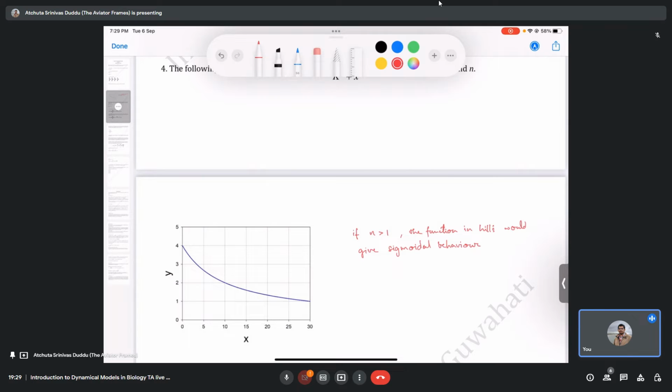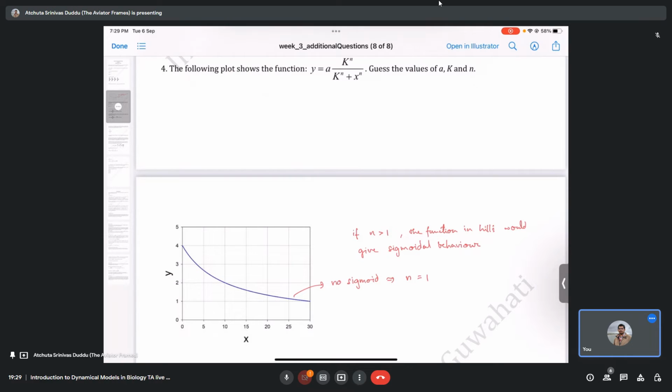Since we do not have any sigmoidal behavior in the graph shown, it implies the Hill's coefficient for this particular function is 1. So we can directly say that n would be equal to 1, right?